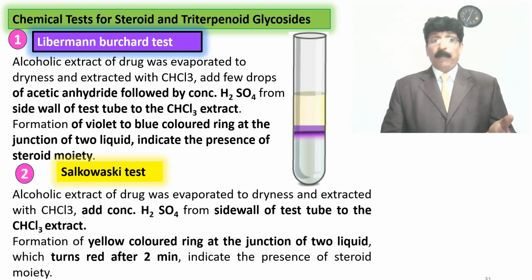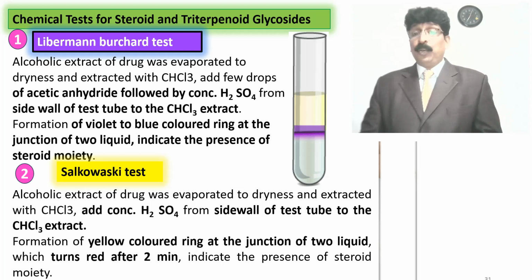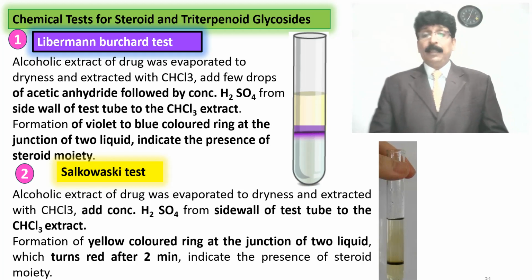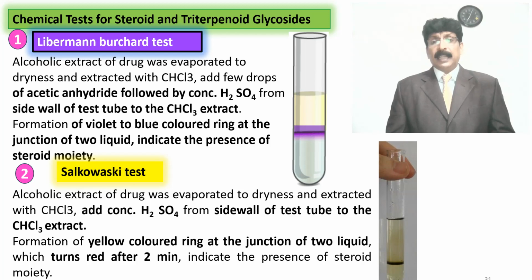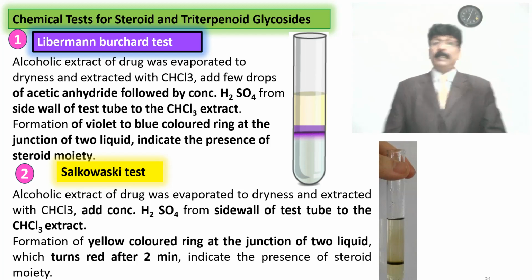Formation of a yellow color ring at the junction of the two liquids, as shown in the picture, which turns red after 2 minutes, indicates the presence of a steroidal moiety.